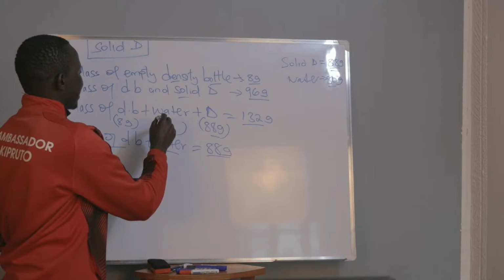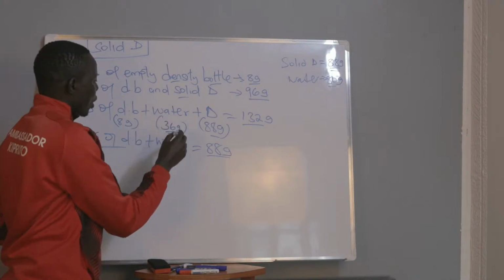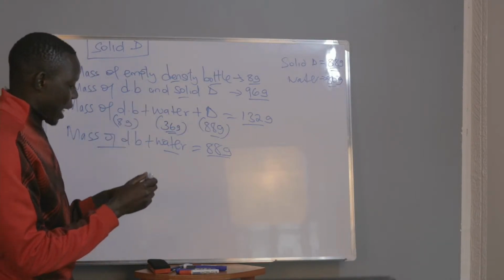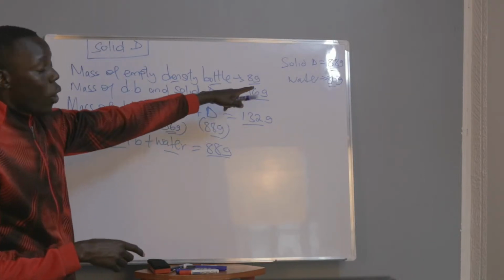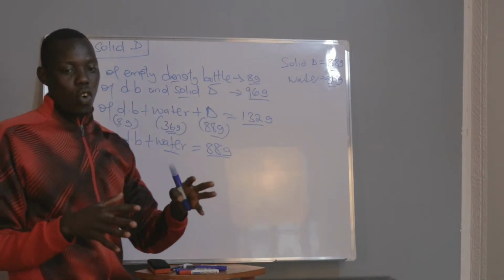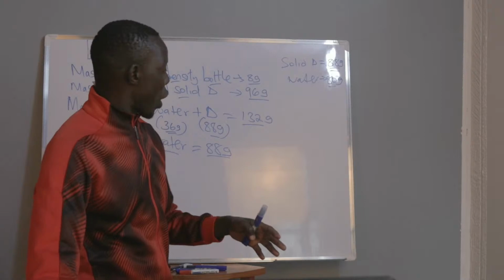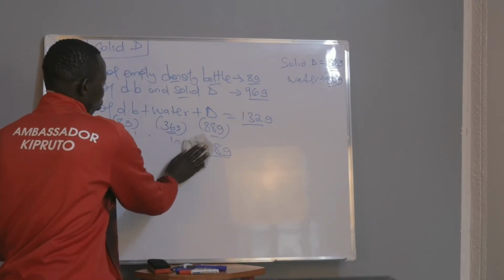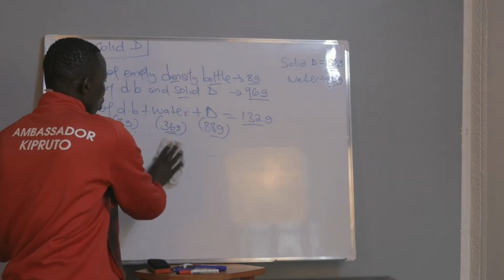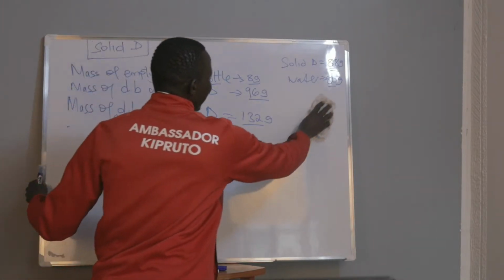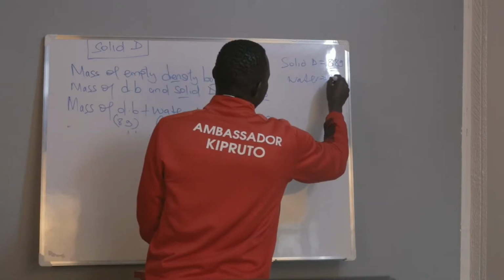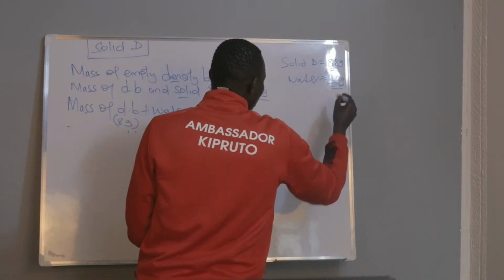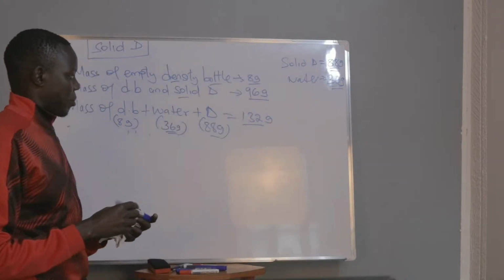Okay. So the mass of water is 36 grams. So this other one, let us leave it first. So it's 36 grams.